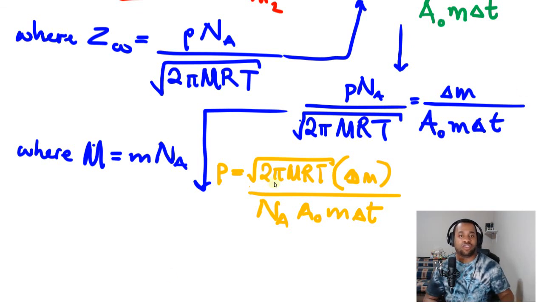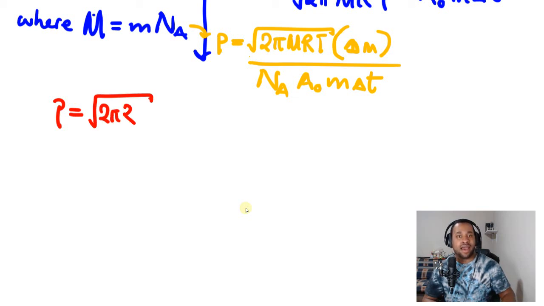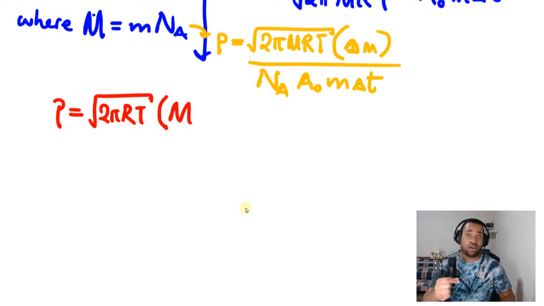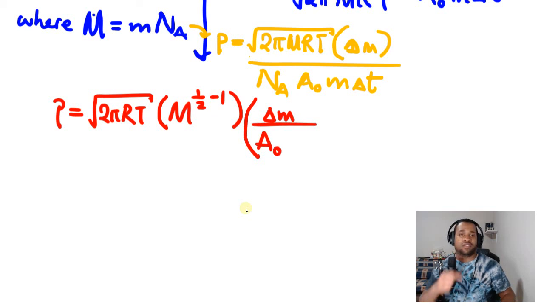We would then introduce this into this equation, and what we're going to have is our new expression, in the intermediate phase, pressure to be equal to square root of 2 pi RT, and this is multiplied by, take note that we have m, which is a molecular mass, to the power of 1 over 2 minus 1, multiplied now by the change in the mass, all divided by the area naught, which is the area of the hole, multiplied by our change in time.